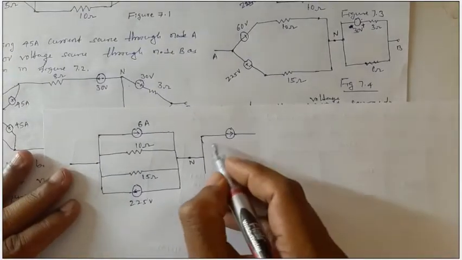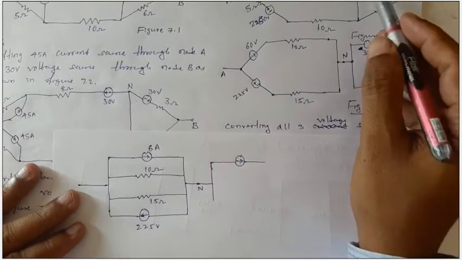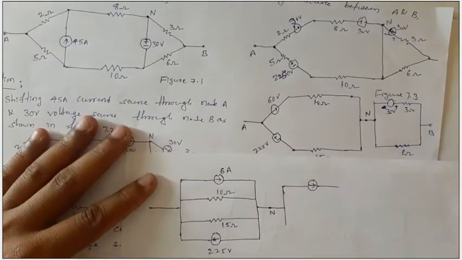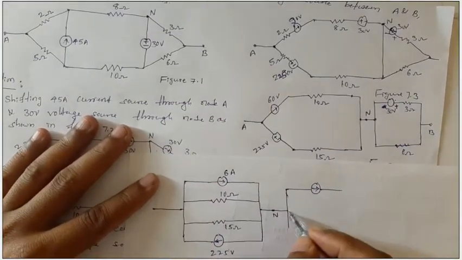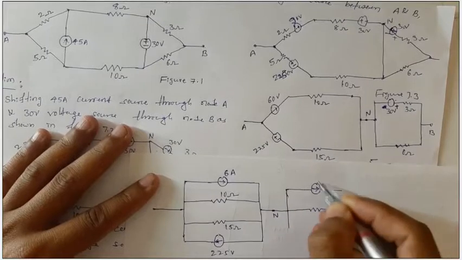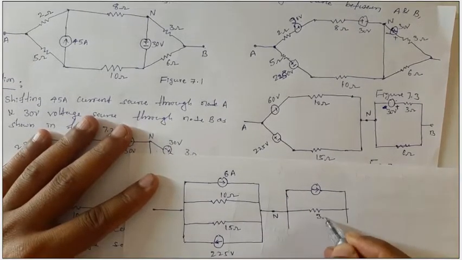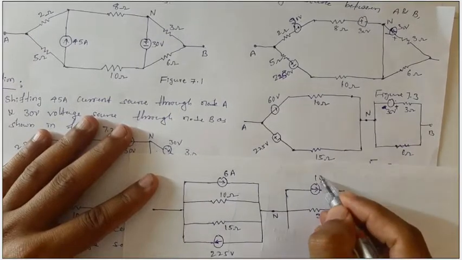Now along with this 30 volts source, there is a 3 ohm resistor here, so that I draw in parallel with this. This is 3 ohm and 30 by 3 is 10 ampere.